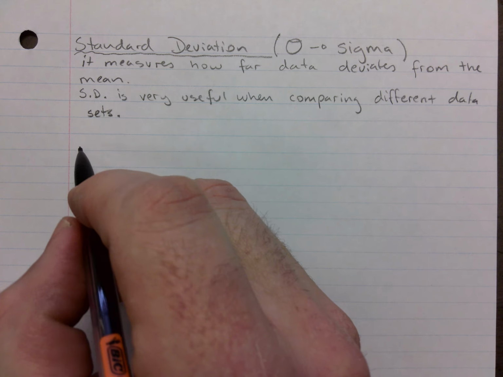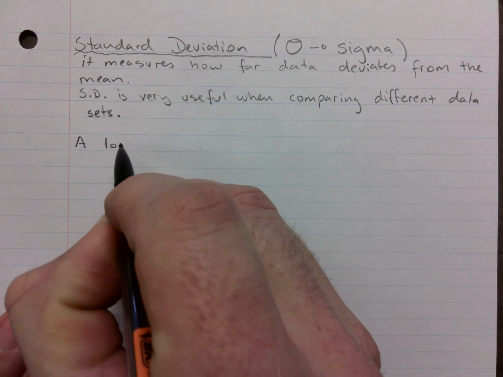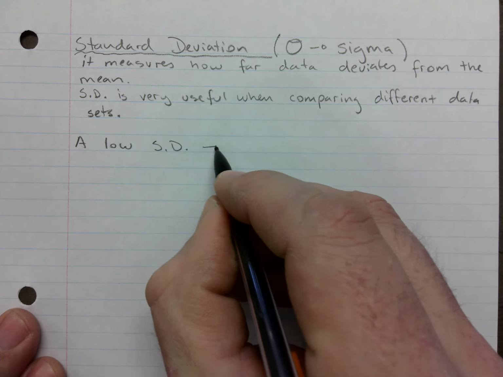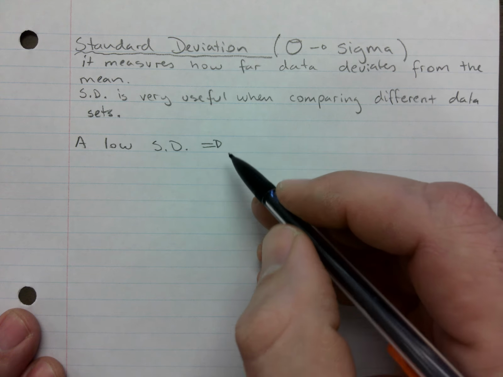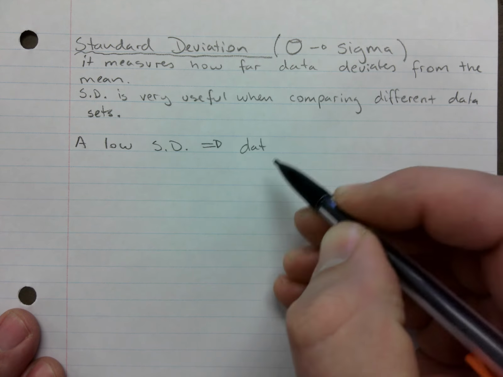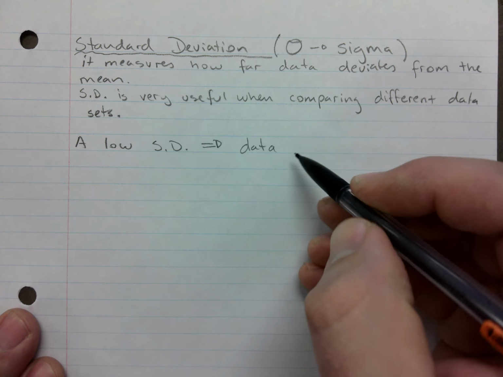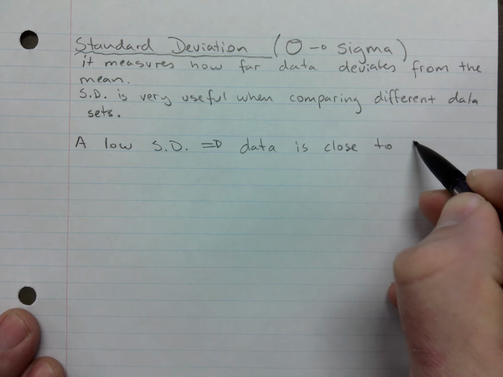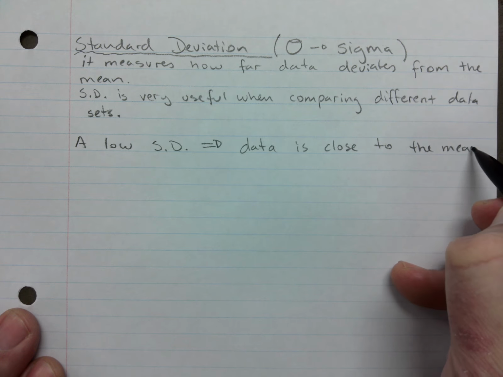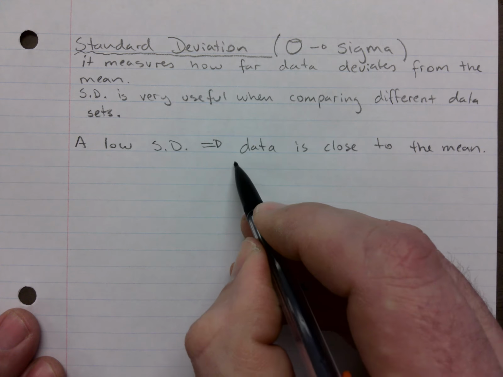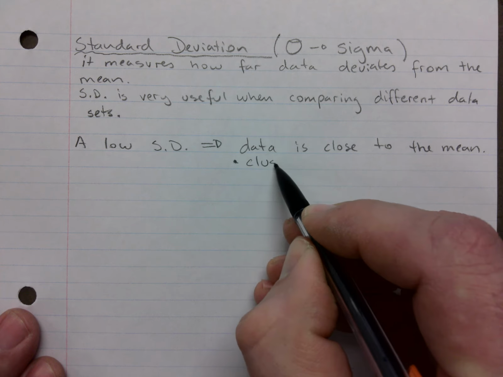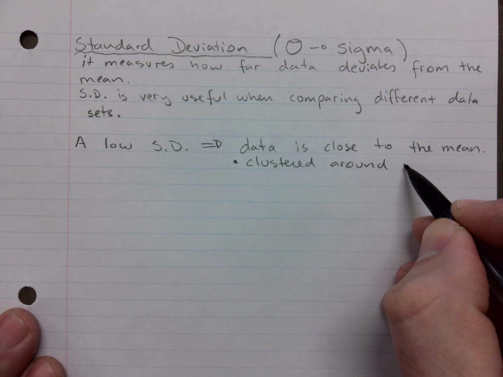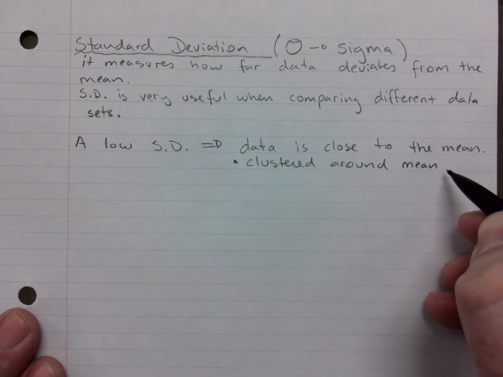So I will add to that: a low standard deviation will result in data that is close to the mean, and we can add these keywords: clustered around the mean, or average, right?